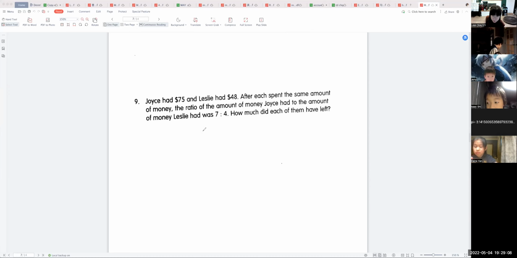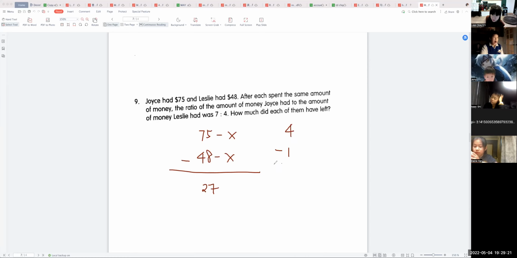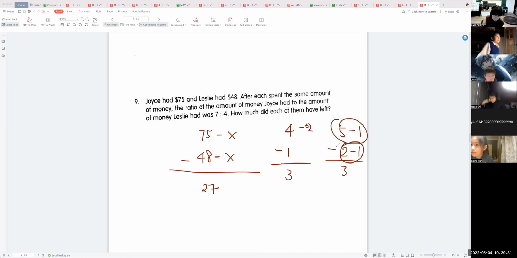So Isaac's method is pretty good as well, okay? Because if Joyce and Leslie both spend the same amount of money, the difference between them is going to stay 27 forever. Correct? Like 4 minus 1 equals 3, and 5 minus 2 equals 3. So the difference won't change.